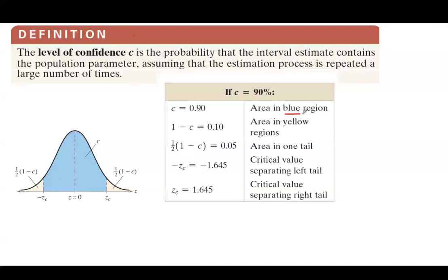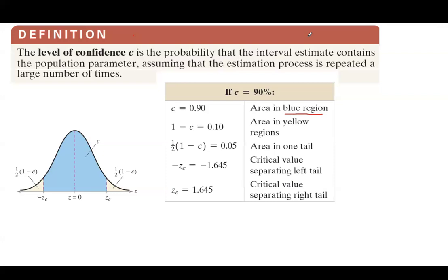So c is nothing but the blue region down here. 1 minus c is 100% of the area minus 90%, or 10%. 10% to the left, 10% to the right. Now, 10% divided by 2 is 5%. On the right-hand side, you also have 5%. If you use inverse norm to calculate these zc or z values, on the left-hand side it's going to be negative 1.645. On the right, it's going to be positive 1.645.